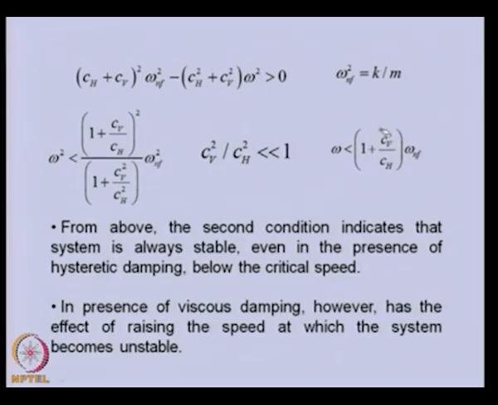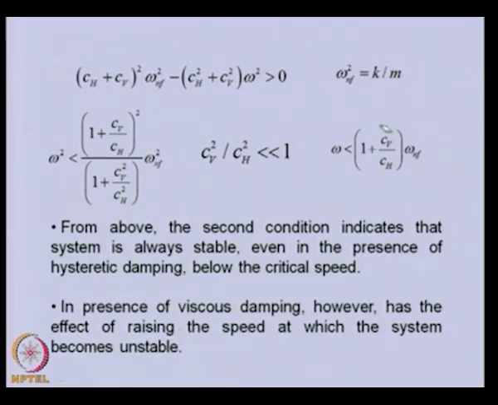if we increase the viscous damping in the system, we can increase the stability of the system by some amount. So, from this we can see that the system is always stable, even in the presence of hysteretic damping, below the critical speed. We already saw that below the critical speed there is no instability, and the presence of viscous damping has the effect of raising the speed at which the system becomes unstable.